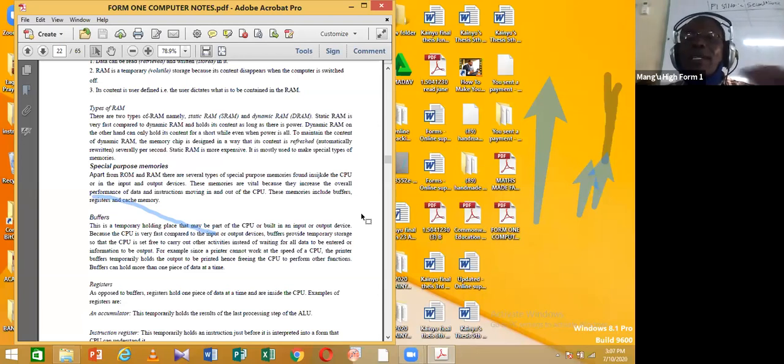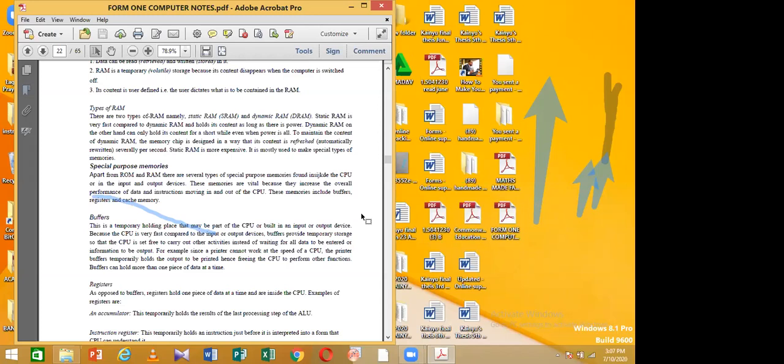Main memory stores data only for a short time, and this data is the one which is needed by the CPU at that particular time. If this data is not needed by the CPU, it is stored to the more permanent storage. We call that secondary storage.